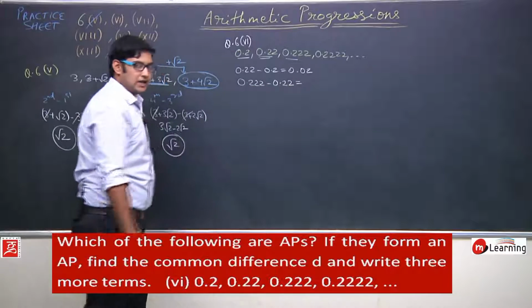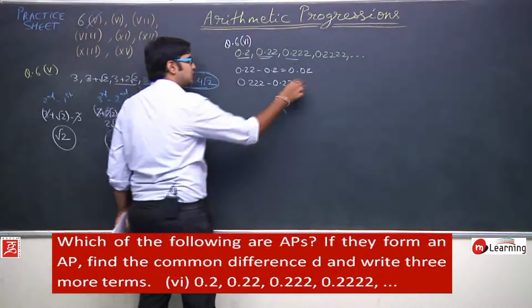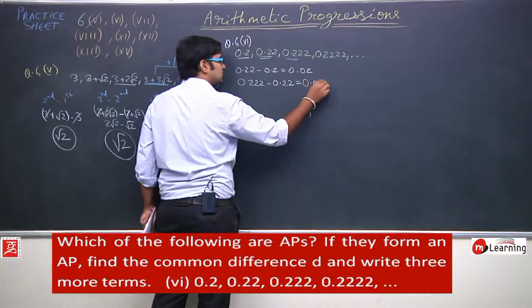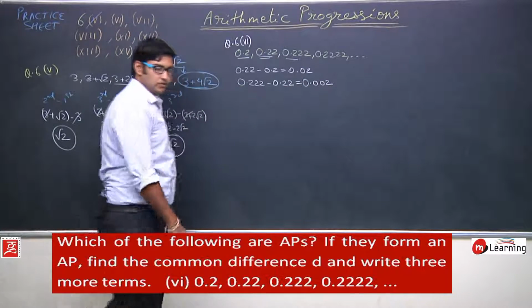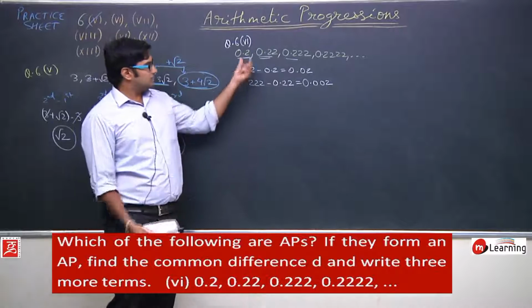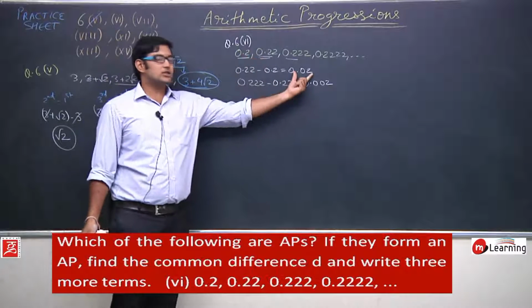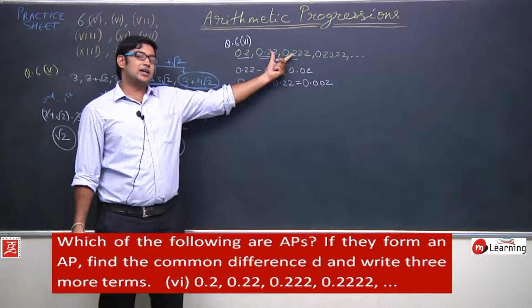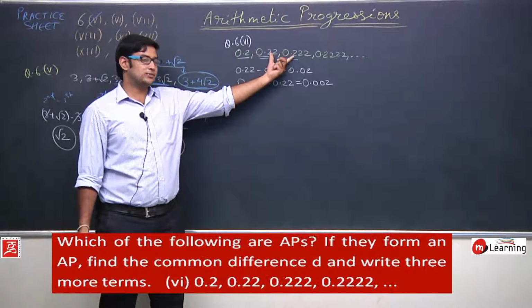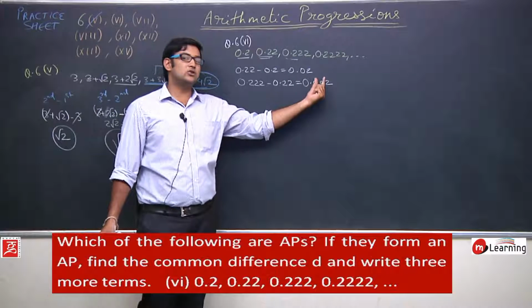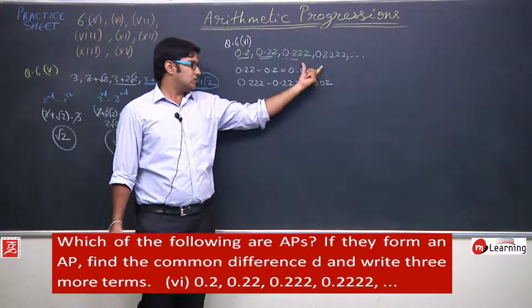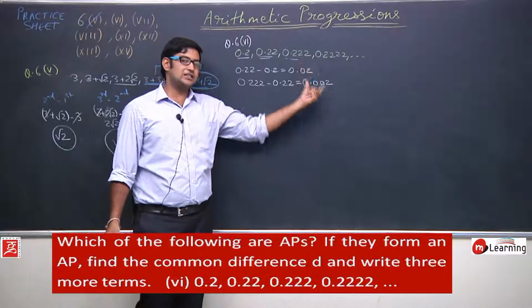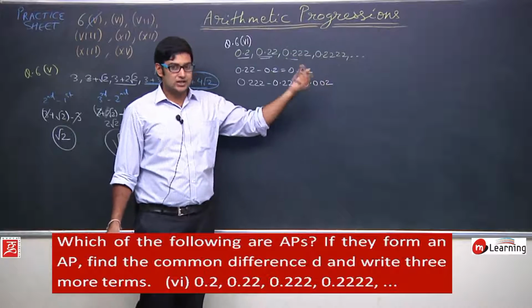When you subtract these two values, you will get 0.002. Now, you can see the difference between the first two terms is 0.02 and the difference between the third and the second term is 0.002. Can you see a similarity? Are these two values equal?